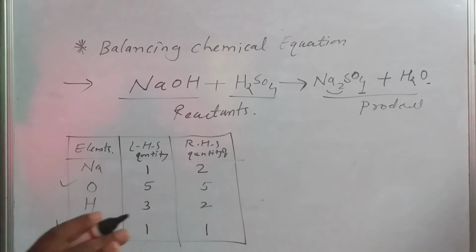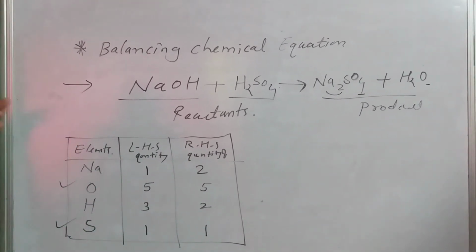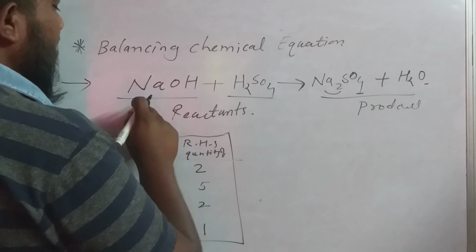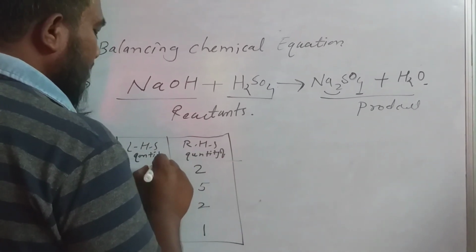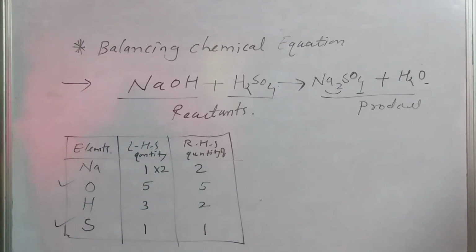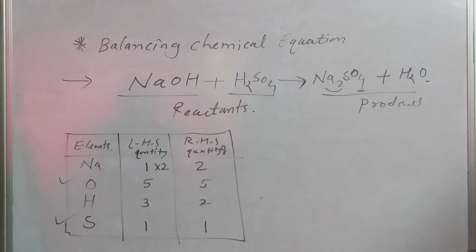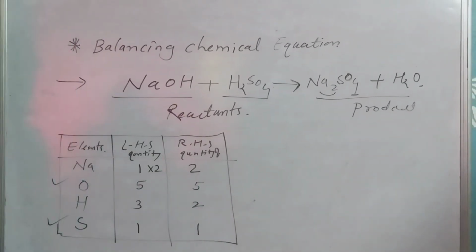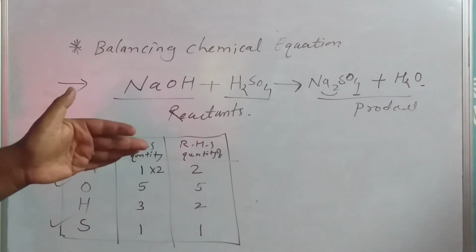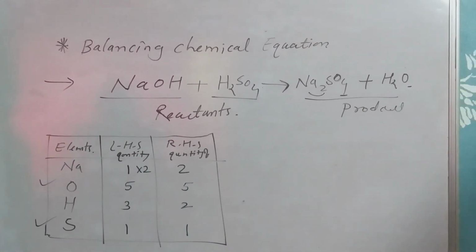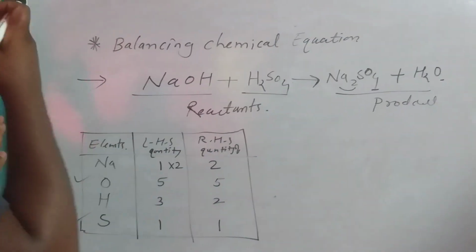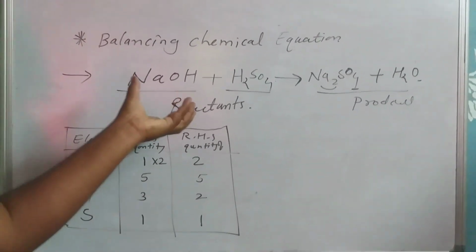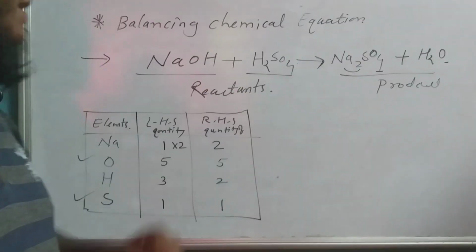Now keep in mind students, we have to balance the chemical equation by multiplying the numbers, not by adding the numbers. If we add the numbers, it will change the name of the compound. If we multiply, then we get equal quantities of reactant and product.